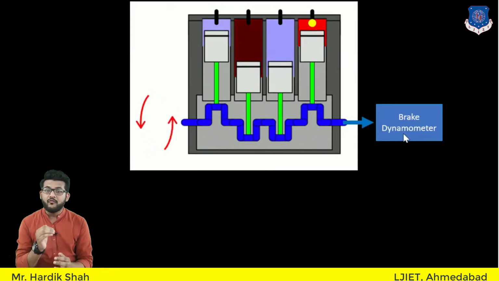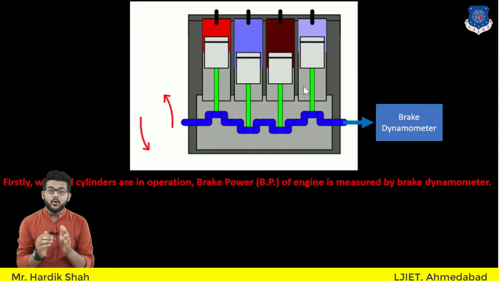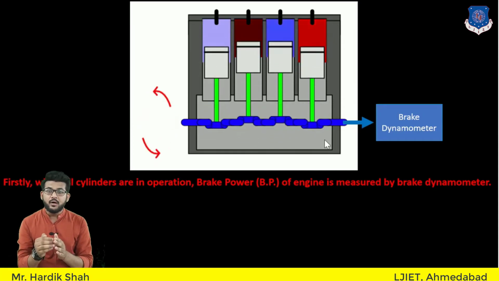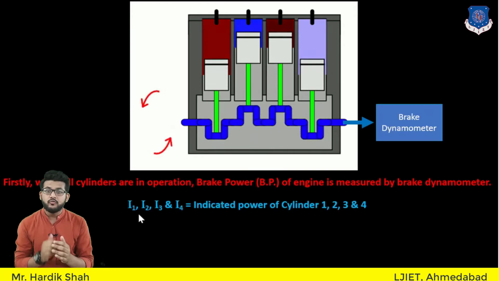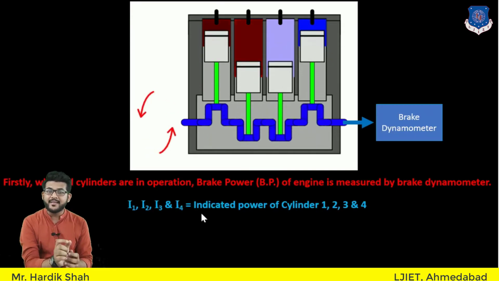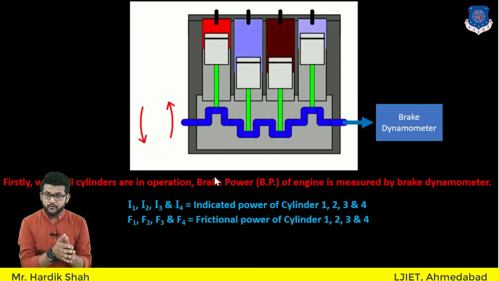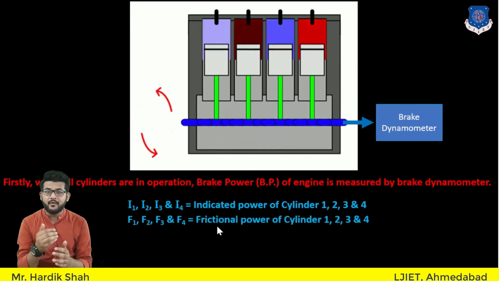When all the cylinders are in operation, as you can see over here, the brake power of the engine is measured by the brake dynamometer. We will use I1, I2, I3 and I4 as the indicated power of cylinders 1, 2, 3, 4, and F1, F2, F3 and F4 as the frictional power of all the cylinders.